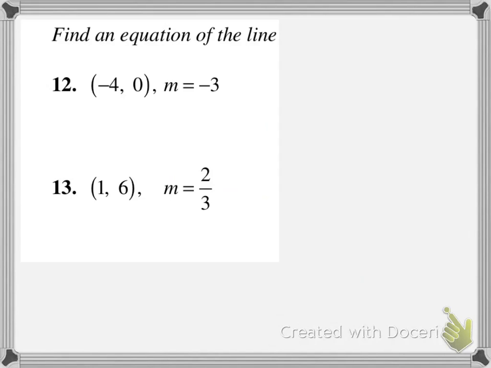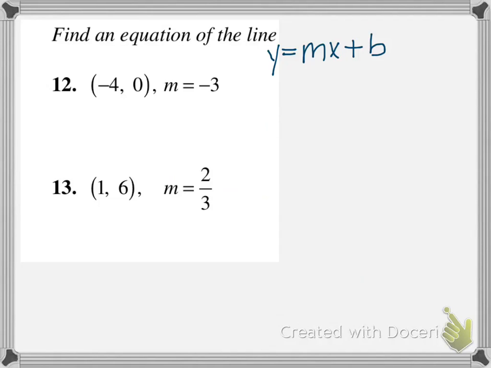So what we can do is continue using our slope-intercept form, plug in the information we do have, and find the b that we don't have. Remember, the x and the y represent any ordered pair that's a solution. Well, they're giving me a solution, (negative 4, 0).